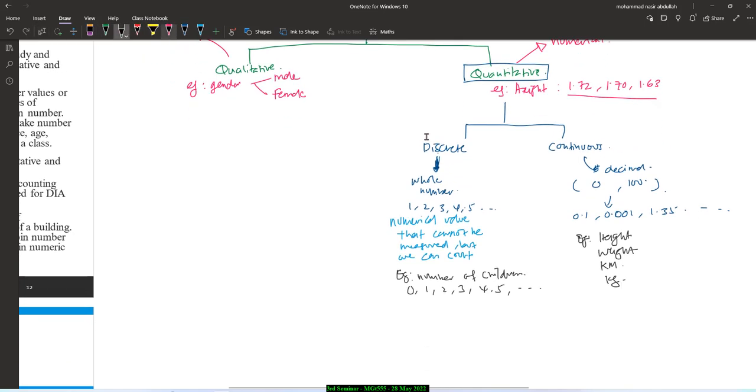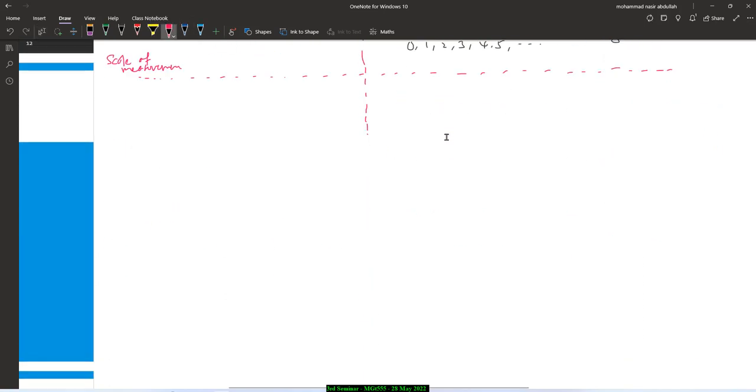So under this variable, we have scale of measurement. We know that qualitative is a categorical variable, so it can be divided into two parts.